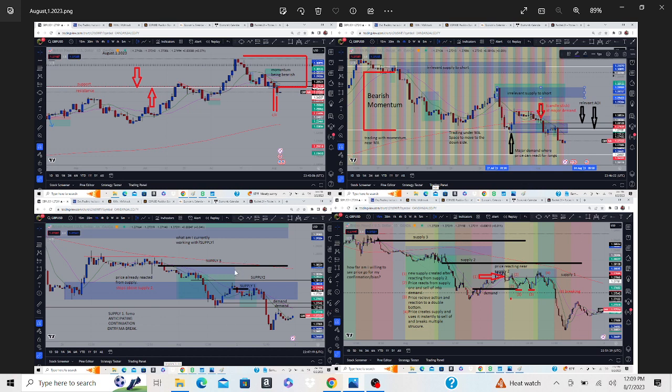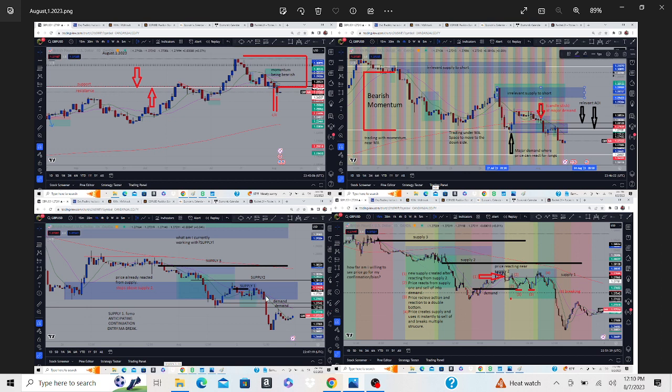We can identify as well that we anticipated to go short without time. We anticipated right here where my mouse is, at supply 1, and we instantly continued to move to the downside. Price used this demand right here to retest supply 1 again and got that bearish momentum.